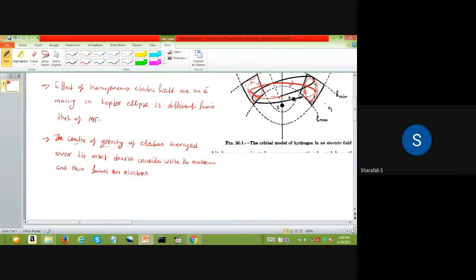The nucleus, and thus forms an electric dipole.